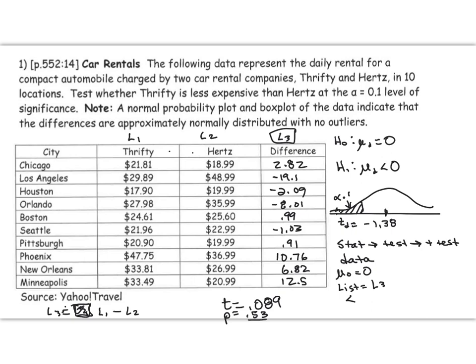So my t-value, if this were 0 in the middle, is just to the right of that. That is definitely not in my critical area over here. So I'm going to have to fail to reject the null hypothesis. And my p-value, just for extra verification, 0.53, is definitely greater than 0.1. So this would be a fail to reject.